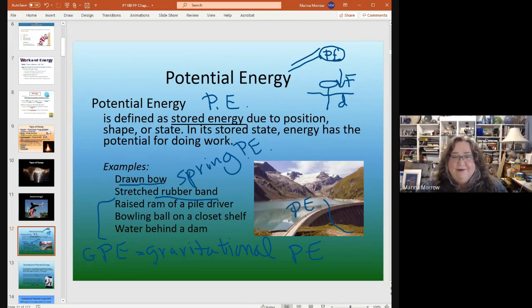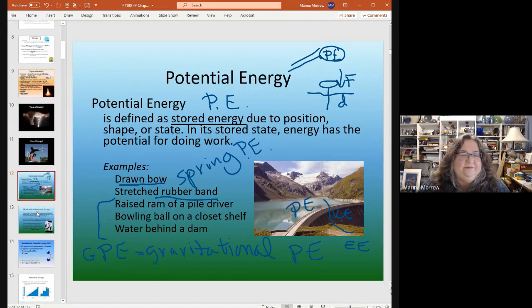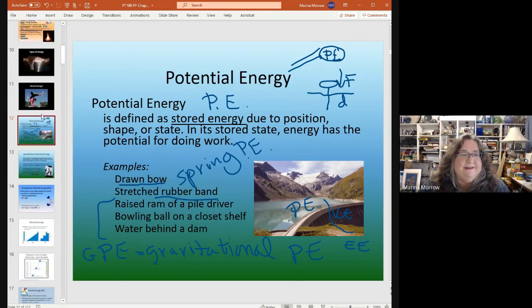So there's a sequence of potential energy, kinetic energy, and finally electrical energy, which then can go to light somebody's house and turn it into light energy. So anyway, there's this conversion of energy from one type to another all the time around us.